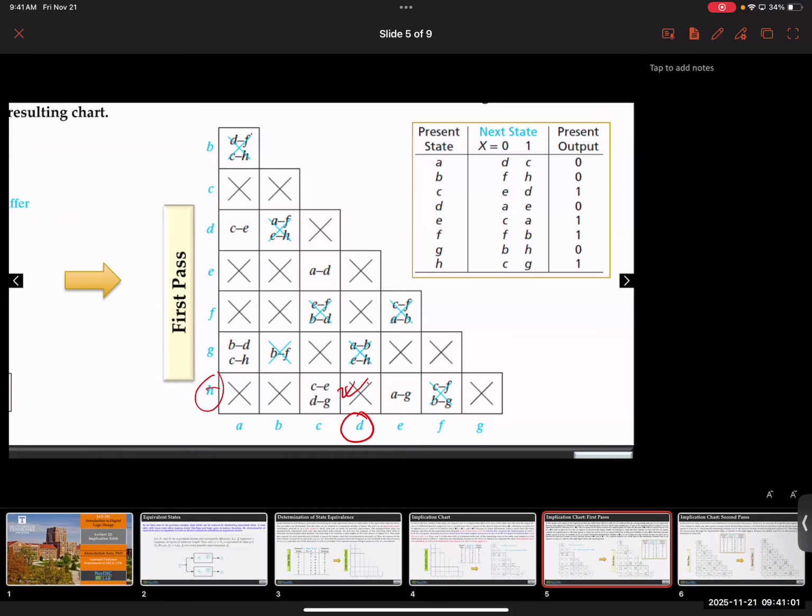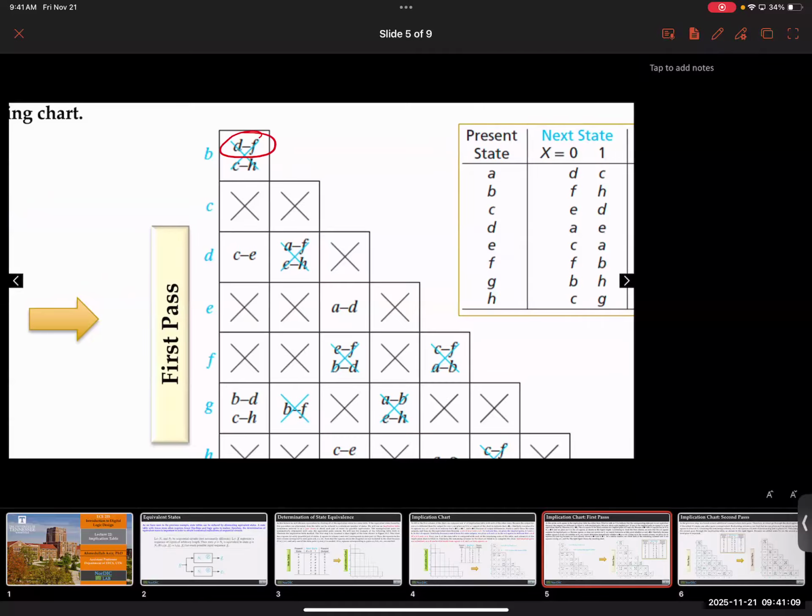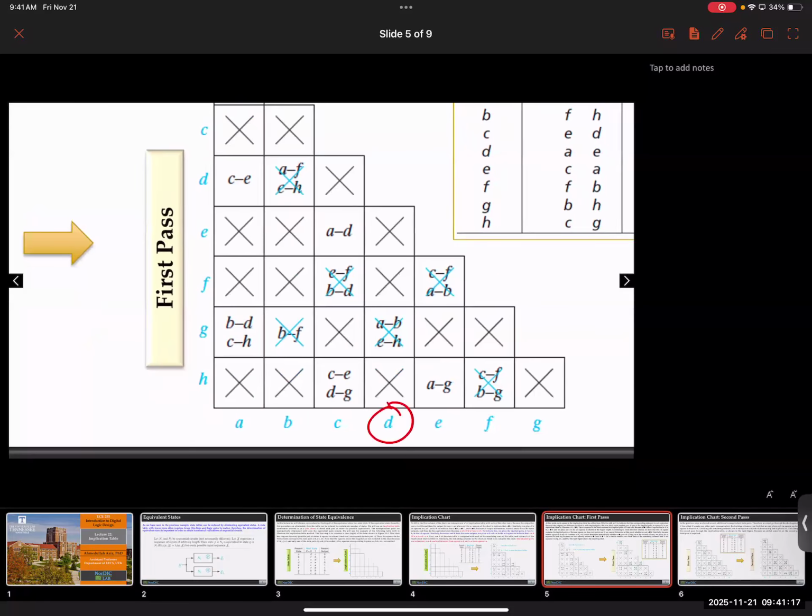I'm saying, hey, A and B will be equivalent if, sorry, I misread it. This is not DH, this is DF. Don't get confused, okay? I was misreading it. This is D and F. Let's go back. So D and F, same thing actually. Notice the box corresponding to DF shows a cross. That means D and F cannot be equivalent.